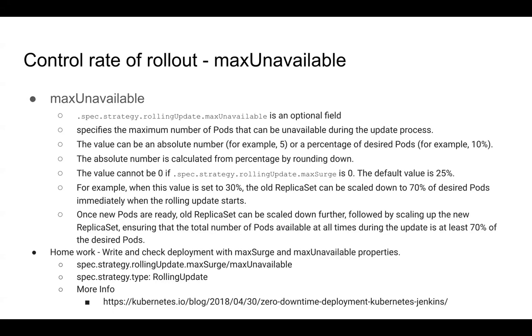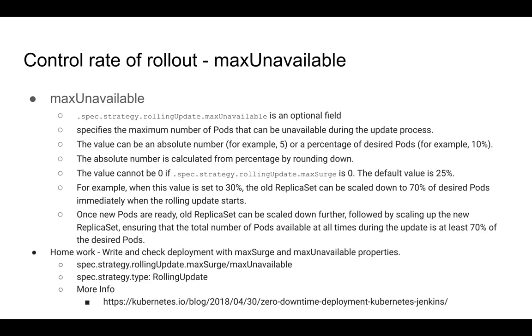One way to explain this would be to forget about max surge and focus only on the max unavailable property. If you have given 30% and the number of replicas is 3, the old replicas can be scaled down to 70%.